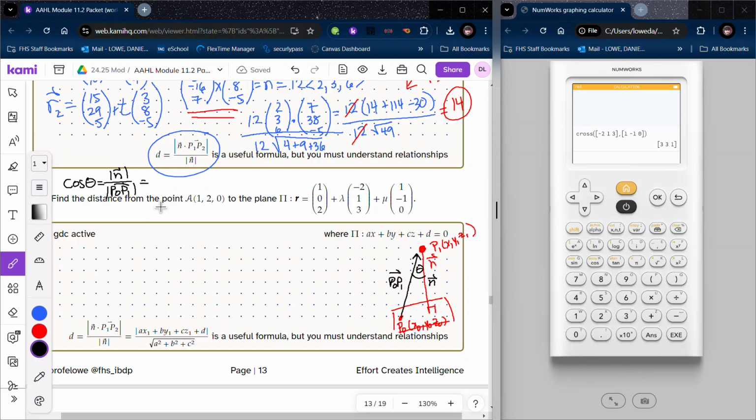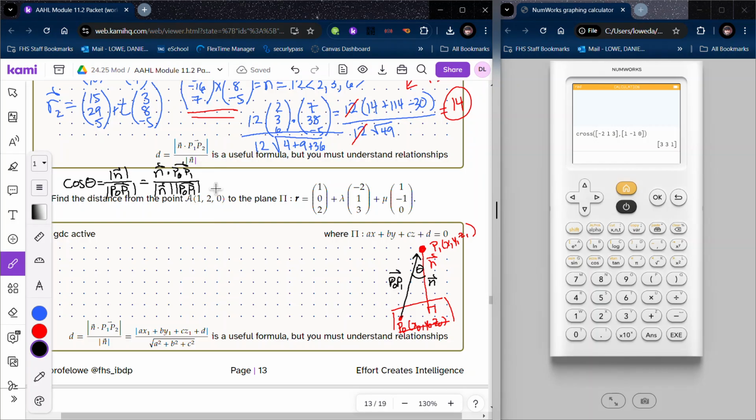But what else do I know? I know that the cosine of this angle is also related by the dot product, and that's why we discussed the dot product being related to projections. That is going to be the normal vector dotted with P naught to P1 all over the magnitude of the normal vector times the magnitude of P naught to P1.